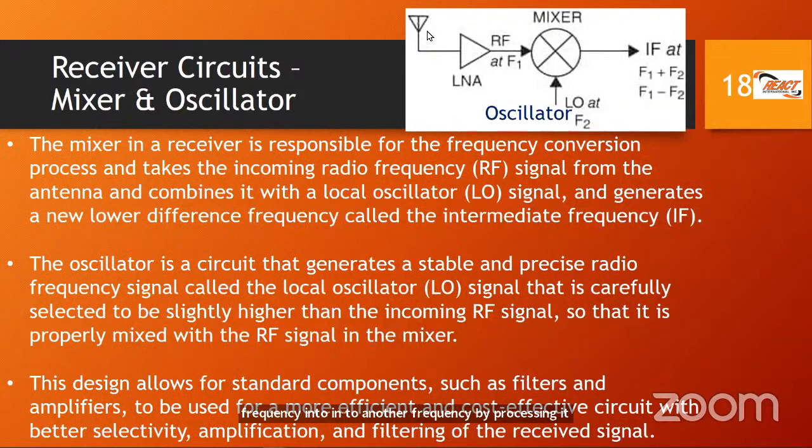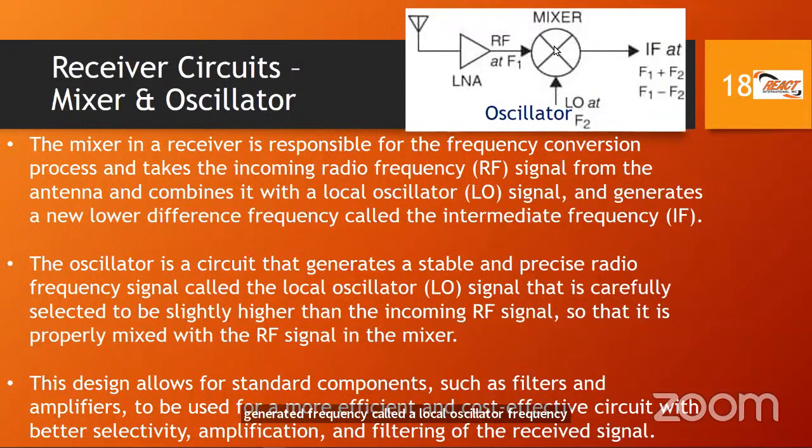So in a receiver, we'll have our antenna, and we'll have a little amplifier that sends the signal to the mixer stage. To that radio frequency, we apply another frequency that is generated by a circuit called an oscillator, or a local oscillator. The mixer now takes those two frequencies: the one that we're trying to listen to, received via our antenna, and that frequency is mixed with another locally generated frequency called the local oscillator frequency.